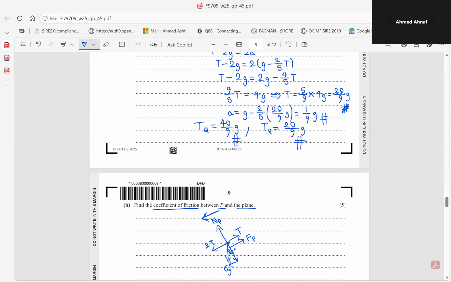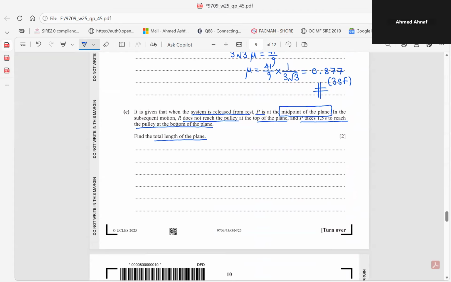To find that distance, we can use the SUVAT equation. Since acceleration is constant, and we have time and the initial speed, which is 0, we can use s equals ut plus half at squared. It is also in your MF19 if you can't remember it.